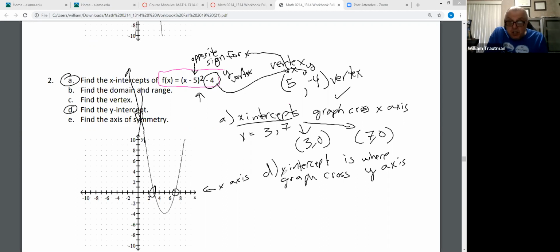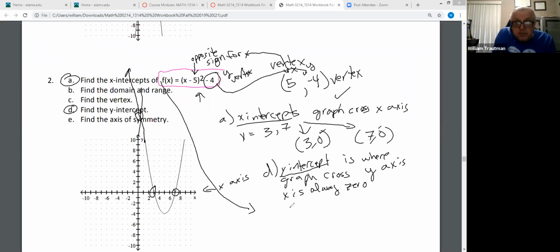Don't forget, for the y-intercept, x is always 0. Maybe I should have written, instead of saying x is 0, x is always 0. Up here, the y is always 0 for the x-intercept. For the y-intercept, x is always 0. Here's my equation: y equals (x minus 5) squared minus 4.